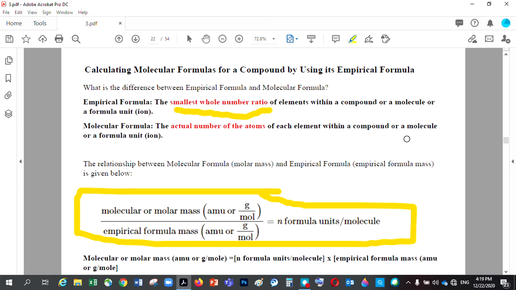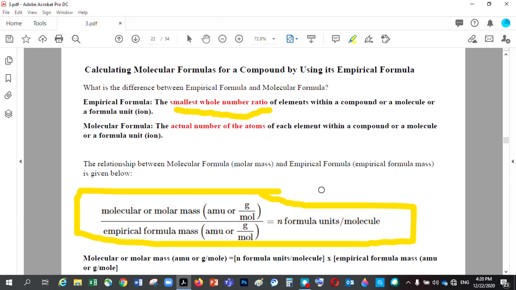So you can see the difference. The empirical formula is the reduced, or the least, number ratio of the moles of the elements within the molecule. But the molecular formula is the actual number of the moles or atoms of each element within the compound or molecule.